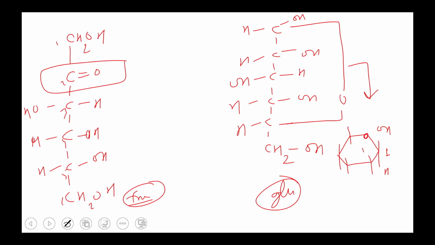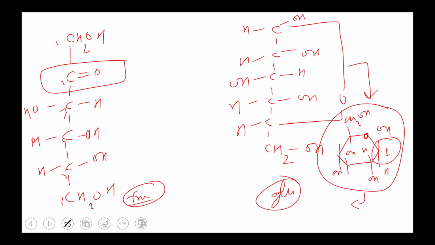Then we have 2, 3, 4, 5, and 6 carbon. This is the 6 carbon structure or cyclic structure of the glucose. Okay. So this is where the functional group resides, which can be freed.